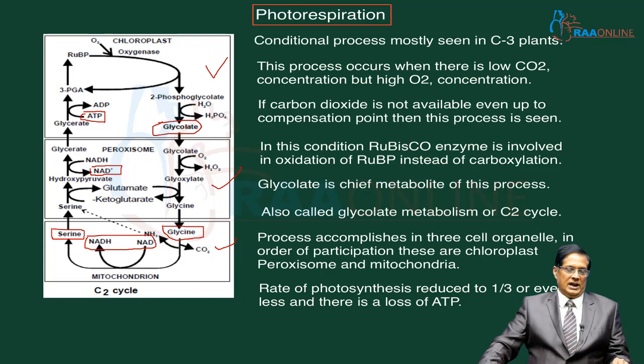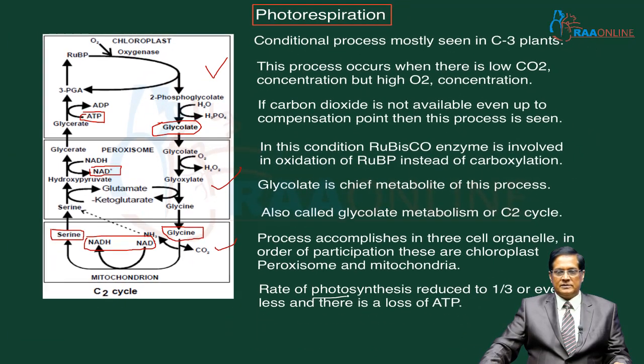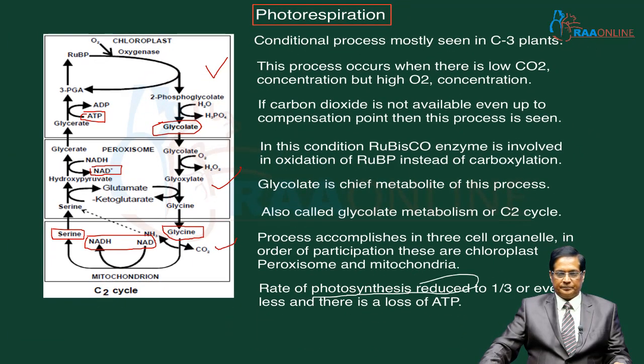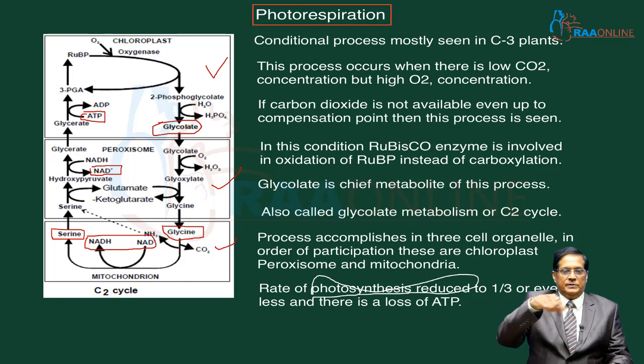So this is photorespiration, and due to photorespiration, the process of photosynthesis is reduced, with the consumption of ATP also. So it is a conditional process. During daytime, if photorespiration takes place, you can see carbon dioxide in the atmosphere around the leaf.